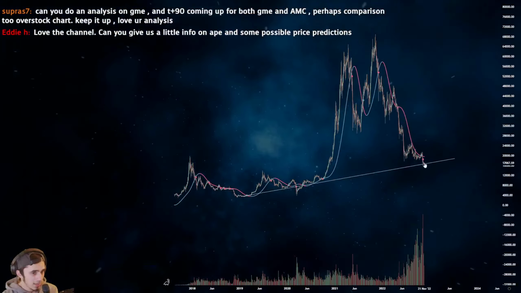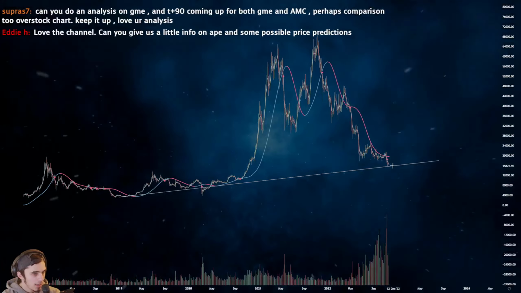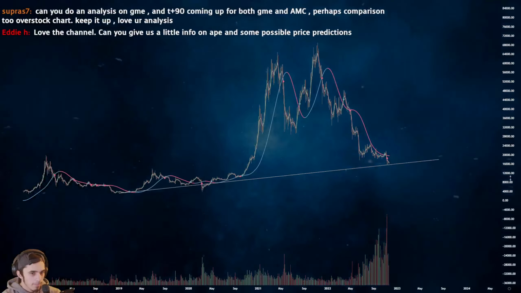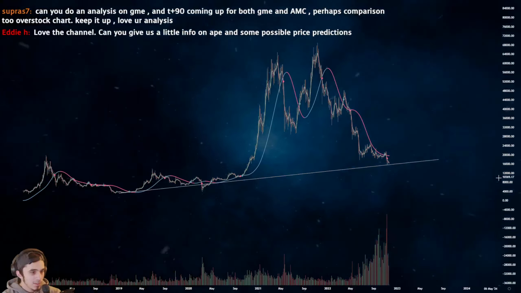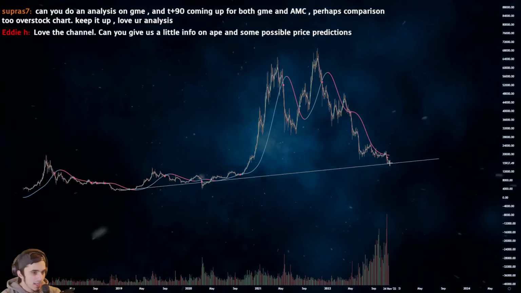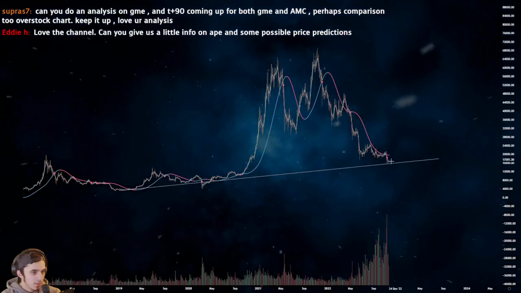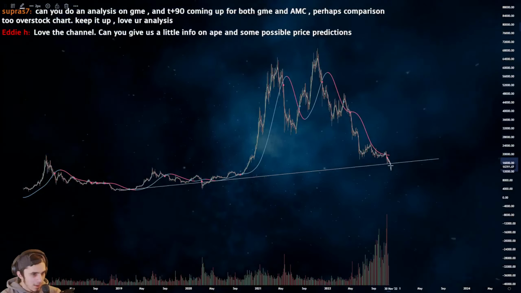You don't want to pay too much attention to the wicks, or in this case on the 3-day, some of these candles that go in very quickly. I am expecting this right here, which we saw happen back in March. Once you are trading at these lower levels, it is hard, but it is basically what these guys are waiting for. It's going to be a pretty massive pushback down before things just start to come back up.